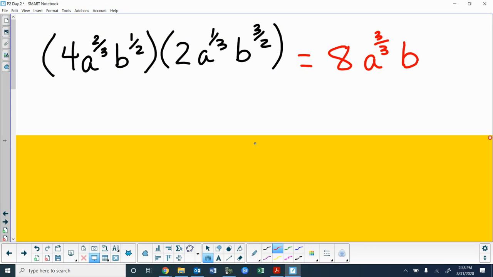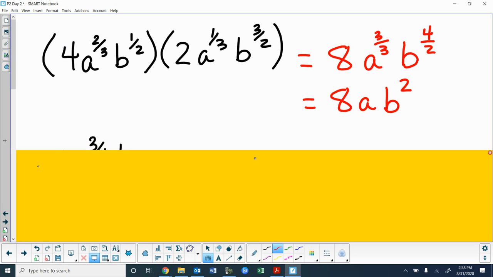And for the b, we're going to go 1/2 plus 3/2, which is 4/2. And that way, we could simplify 3/3 would be 1. So you can put the 1, you don't have to. And then 4/2 is 4 divided by 2. So that would be 2. So it's the same rules as yesterday, our properties of exponents, and we just add our exponents, multiply our coefficients.